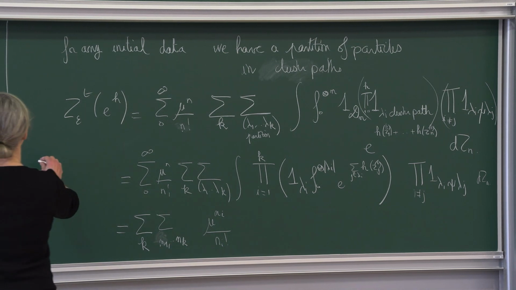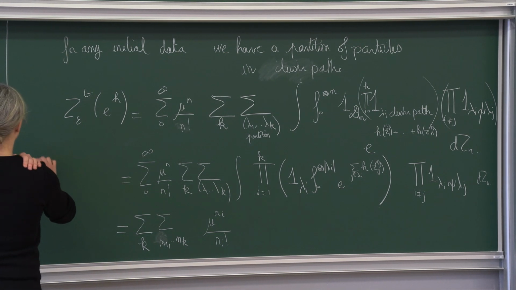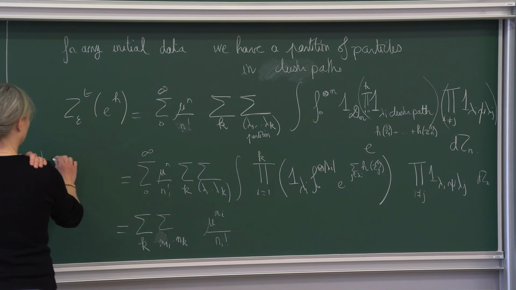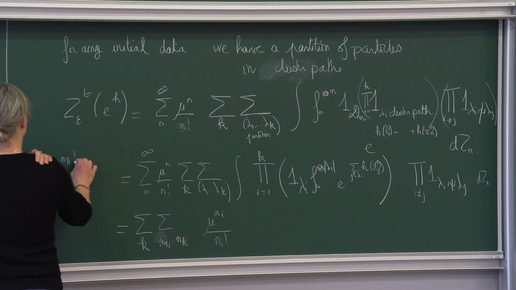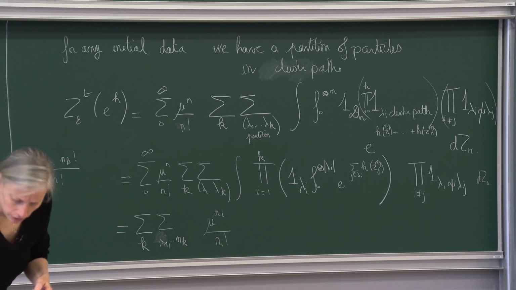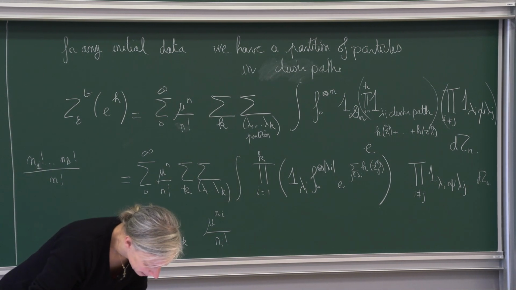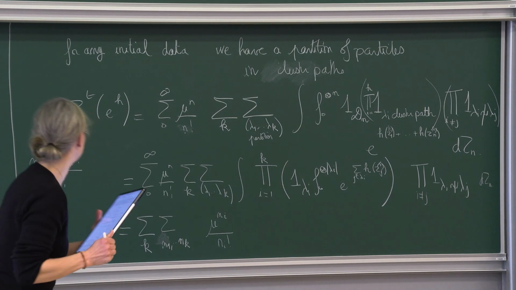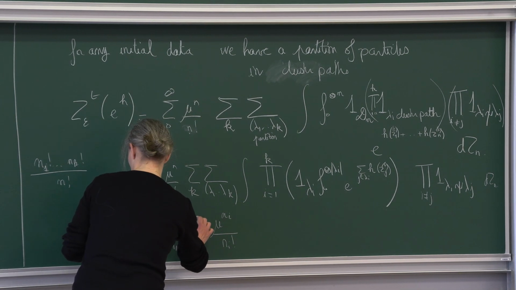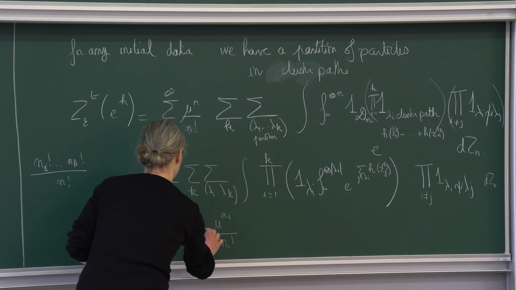Okay, so this factorial n_i, so n1 to nk, divided by n. Okay, and probably there is a factorial k somewhere. So there is also 1 over factorial k.